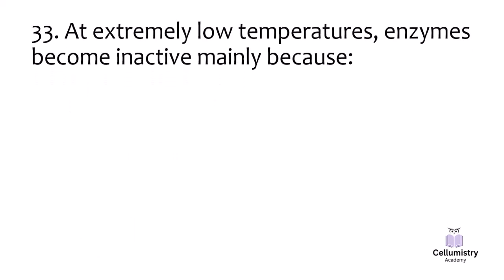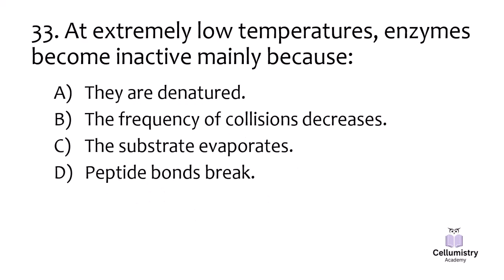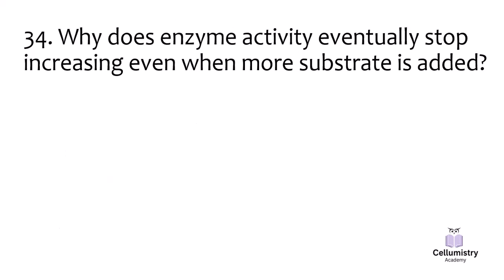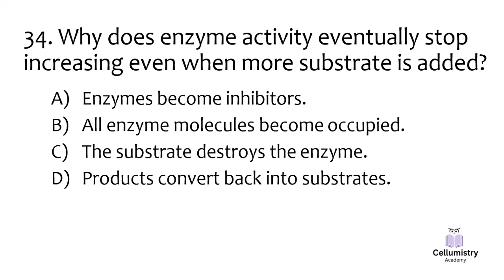At extremely low temperatures, enzymes become inactive mainly because... Answer is B. The frequency of collisions decreases. Why does enzyme activity eventually stop increasing even when more substrate is added? Answer is B. All enzyme molecules become occupied.